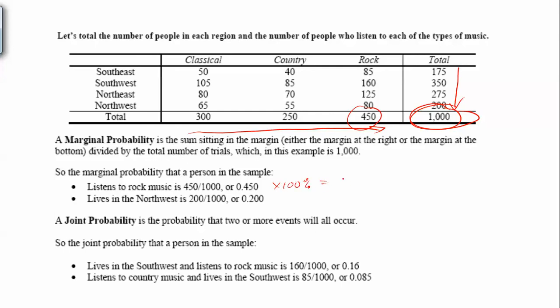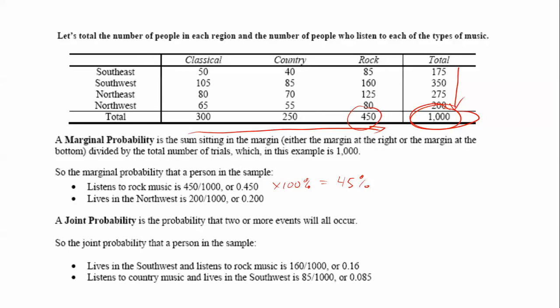Percent is a unit, and we would see that 45% of our responders listen to rock. The same with the Northwest. There are 200 responders in the Northwest and 1,000 total responders, so about 20% live in the Northwest.